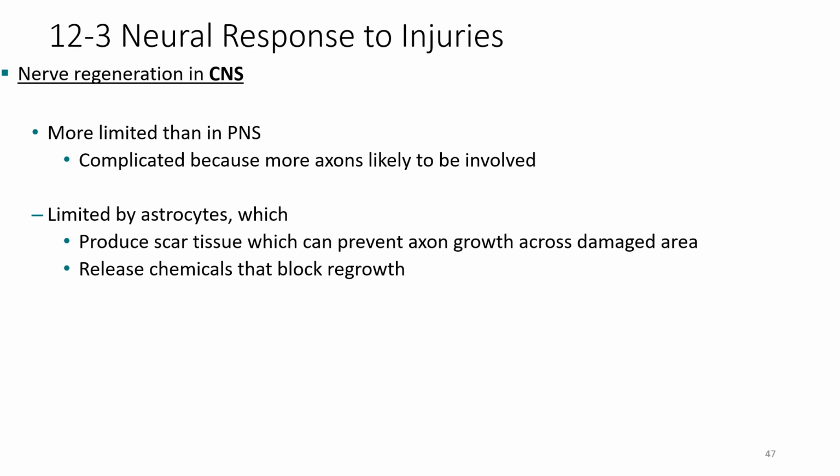Unfortunately, in the central nervous system, nerve regeneration is more limited, and it is also more complicated because more axons are likely to be involved. Think about, say, this is my very bad stick figure person.